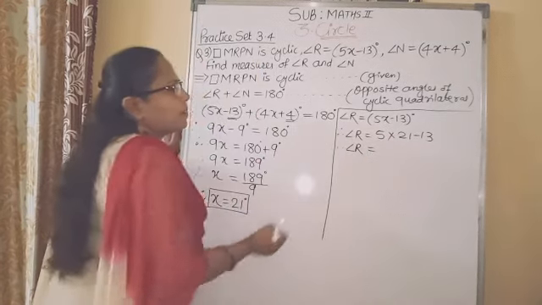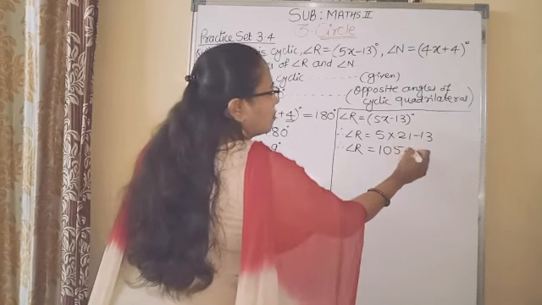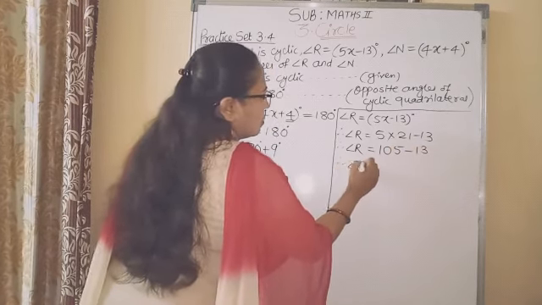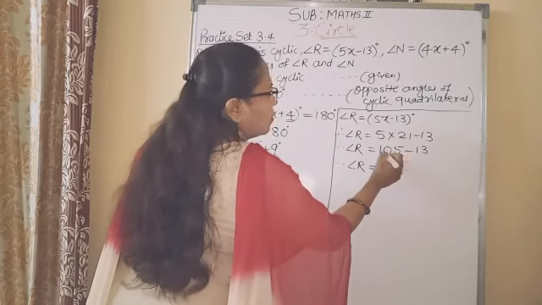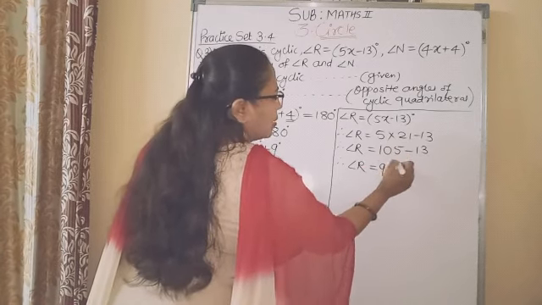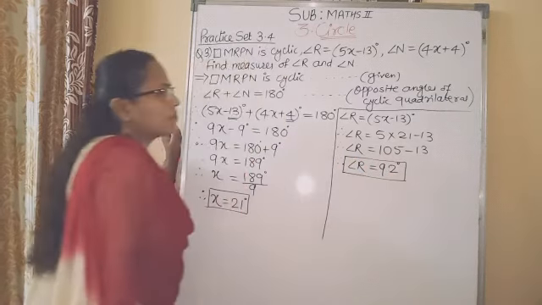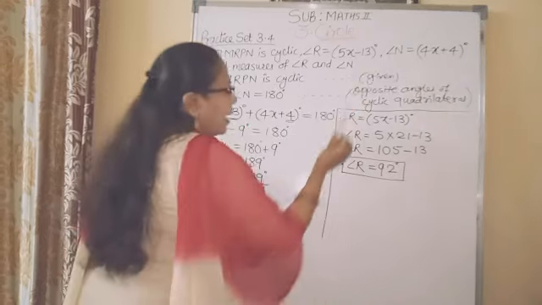Now 21 multiplied by 5 is 105, minus 13. 5 minus 3 is 2, 10 minus 1 is 9. So angle R is equal to 92 degree.